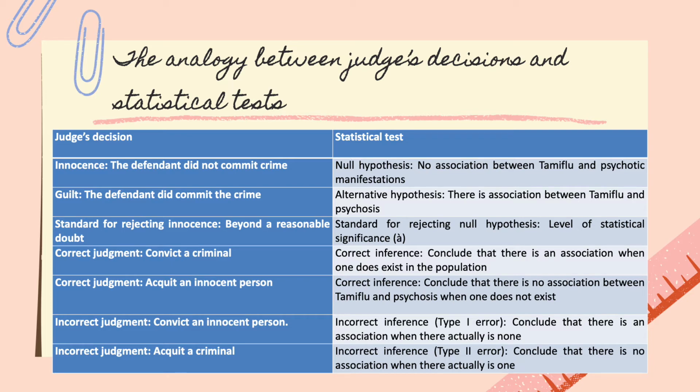On the other hand, in a statistical test, if there is a conclusion that states there is no association when there is actually one, that is called a type 2 error. So incorrect inferences, type 1 and type 2, affect the results of the study.